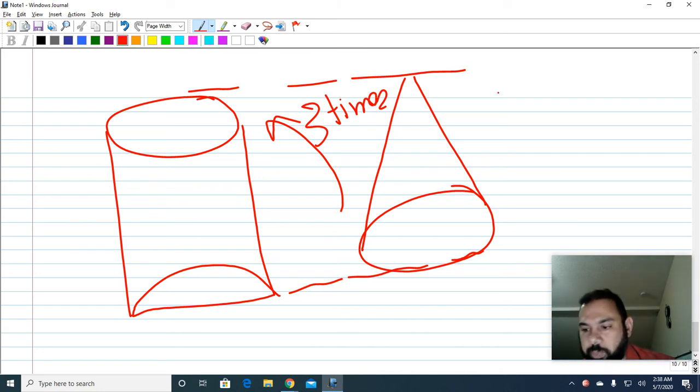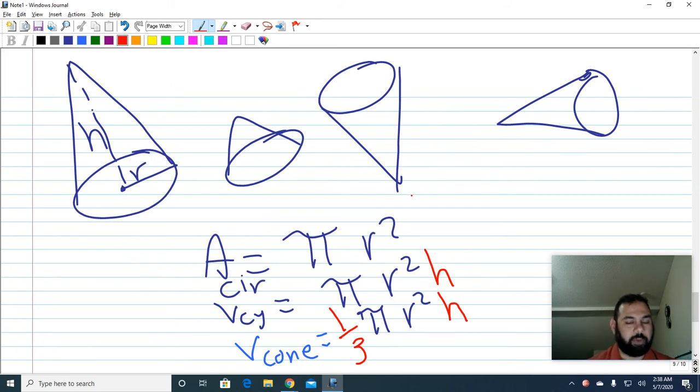So again, go back here. The area of a circle is pi r squared. Volume of a cylinder is pi r squared h. Volume of the cone is 1/3 pi r squared h.